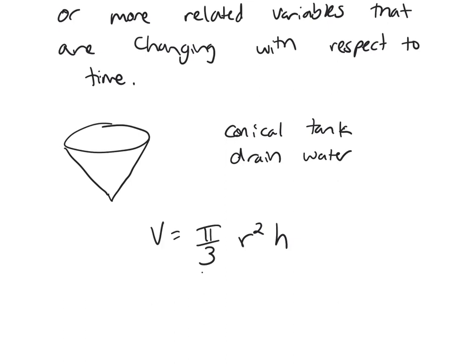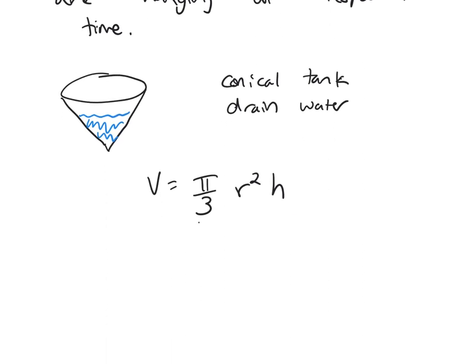Now, remember that this is filled with water. It's got water in it. And we're draining the water, so as time goes on, the radius of the water and the height of the water depend on how much time has passed. So r and h depend on time.